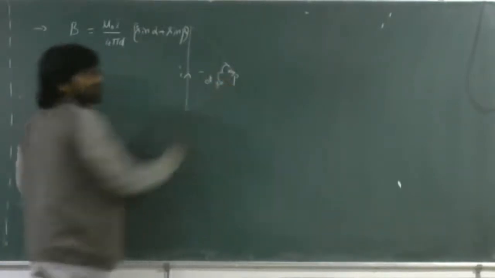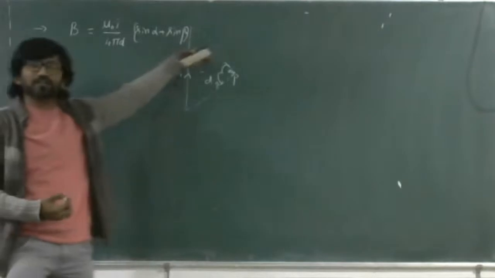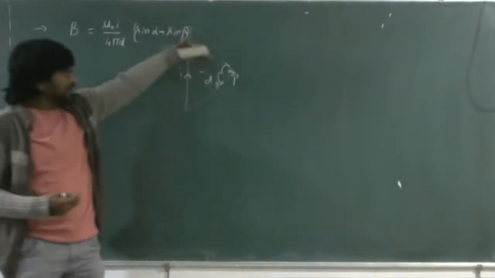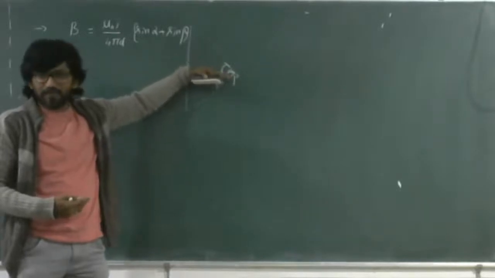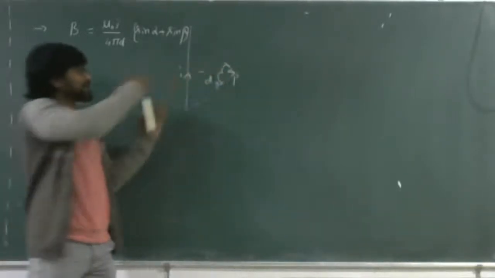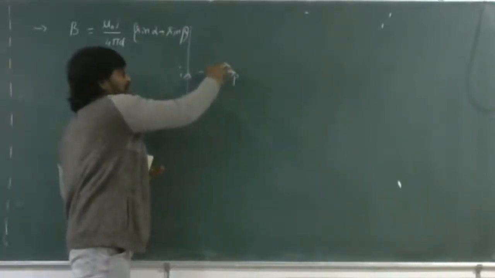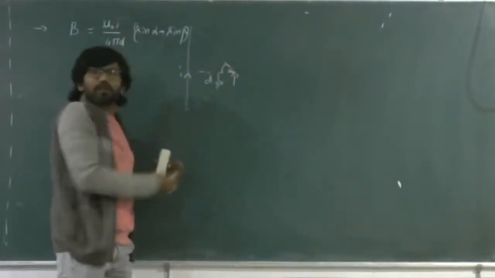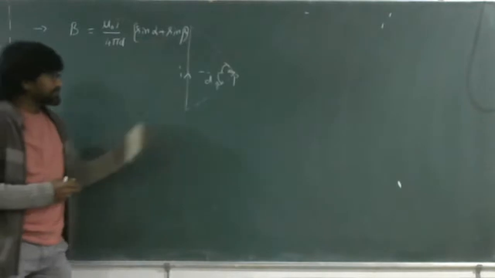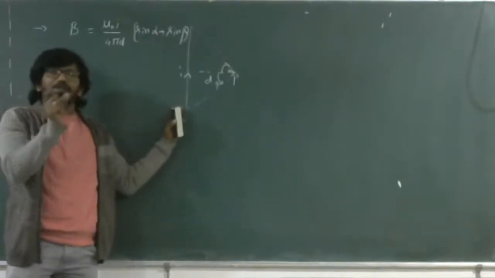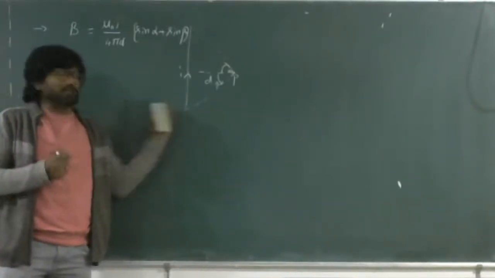These sign conventions you have to follow carefully. Usually the angles will be measured with respect to this perpendicular line. The angle measured above is positive, below is negative. Got it? Right. This point we have to make use of while doing numericals.